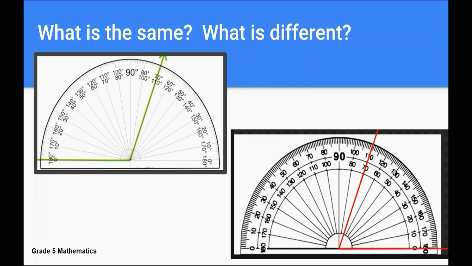Which angle measures 110 degrees? If you said the green angle measures 110 degrees, then you are right.